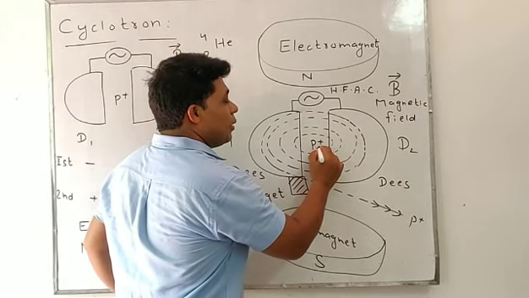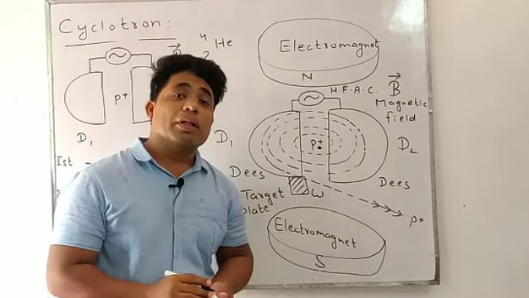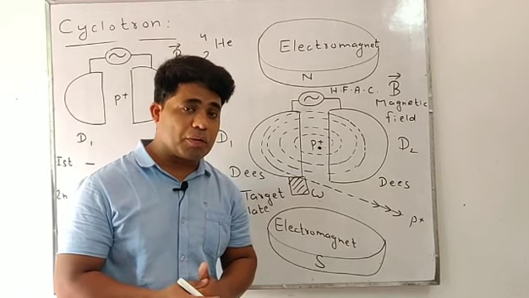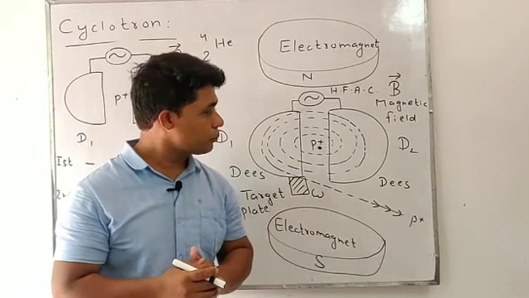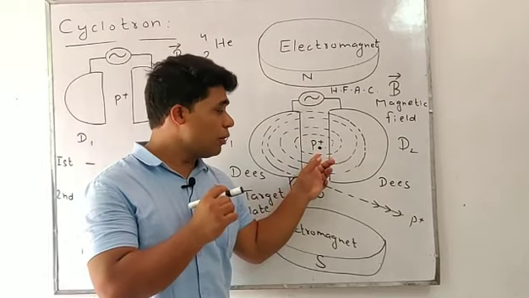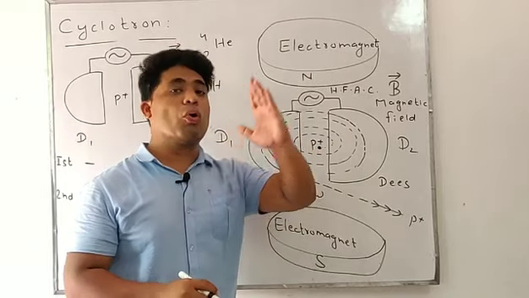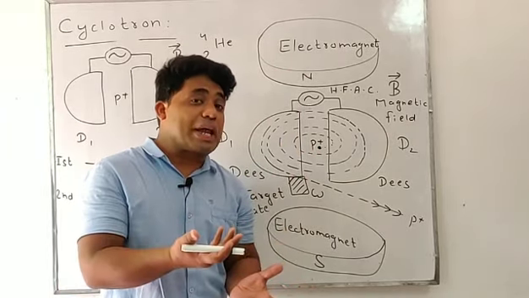At the center, in between the Ds, we put the source of positively charged particles which we have to accelerate from low to higher energy. Suppose we put a proton. This is the low energy proton and we have to increase its energy.